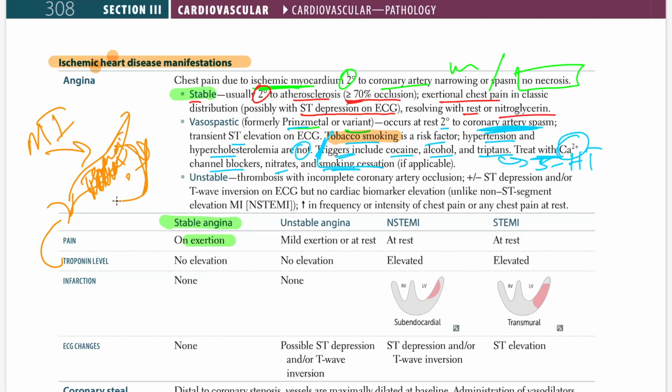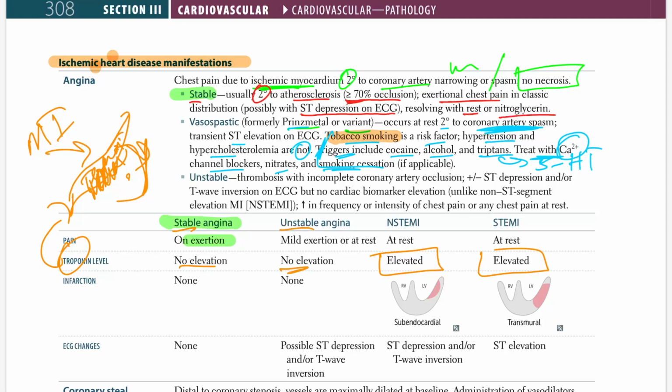So troponin comes out. When the troponin comes out, you will see that elevated within the blood, right? But in stable angina, you're not going into infarction of a tissue, meaning death of a tissue. So you're not going to see any elevation of troponin.